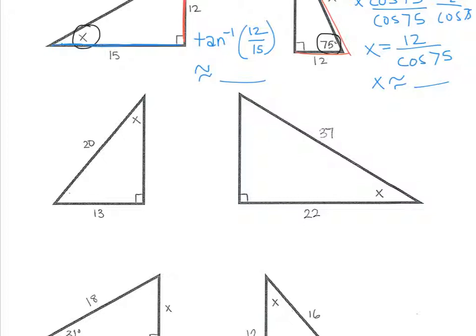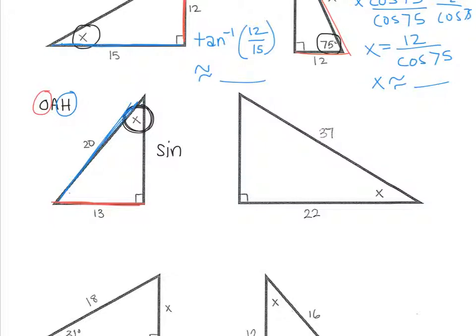Okay, next example. This time I'm trying to find the angle measure, so I know I'm going to use inverse. I still write OAH. Talking about this angle x, I know the opposite and I know the hypotenuse, so I'm going to use the sine.